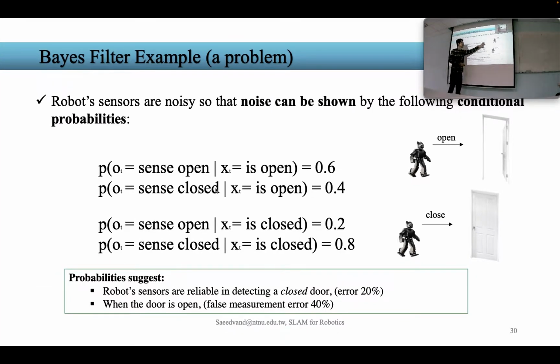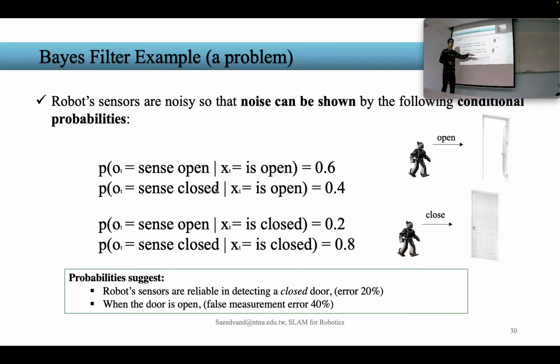For example, our sensor error: we have a camera, you implement one algorithm, and the robot detects whether the door is open or closed. But of course, it has error. So you try your algorithm, for example, 100 times. You say, okay, 60% it is successful, 40% it is not. You give that as an assumption to the model.